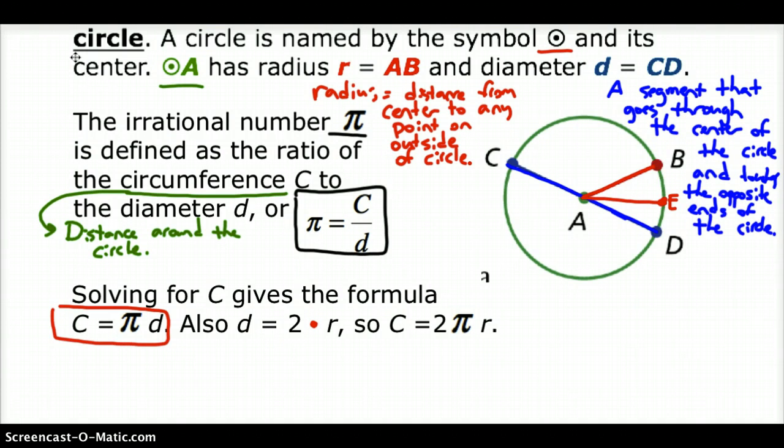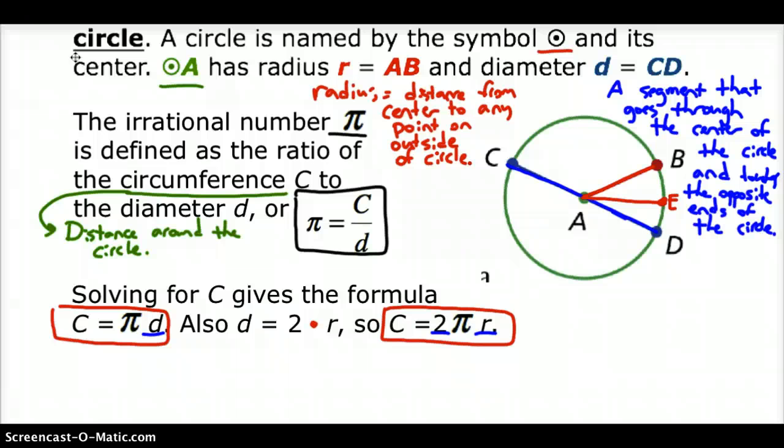And so we could also write this formula as circumference equals 2 pi r. Okay, so we'll be using both of these formulas, but remember that 2 times the radius is the same thing as the diameter. So there's 2 formulas that we're actually going to end up using for circumference here. Now I know this is a lot of information, so you may have to watch this video again.